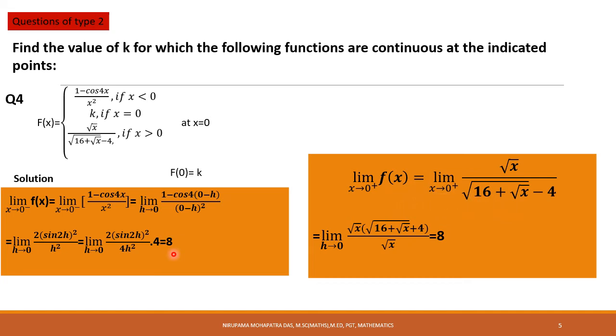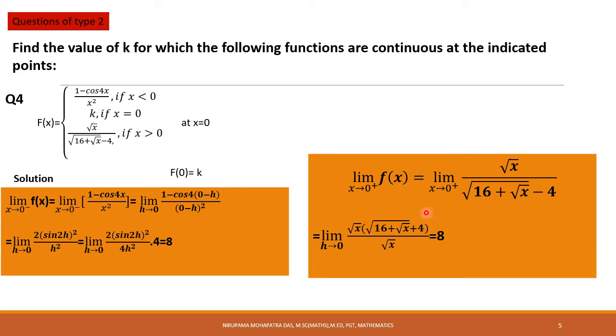And the right hand limit is limit x approaches 0 plus f(x), equal to limit x approaches 0 plus root x by (under root 16 plus root x minus 4). So here we are rationalizing the denominator, means multiply by under root 16 plus root x plus 4.